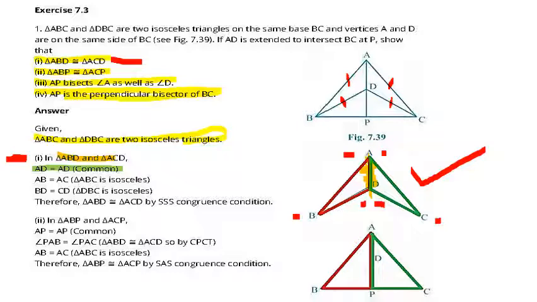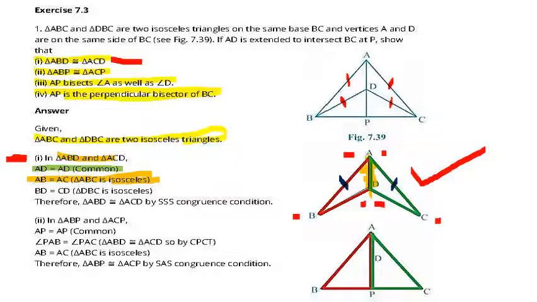Also, AB and AC are equal. Yes, because it was isosceles. Here, AB and AC, it is an isosceles triangle. That means the two sides will be equal. So I wrote down AB equals AC because triangle ABC is isosceles.